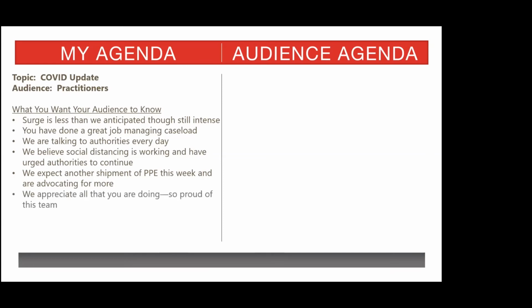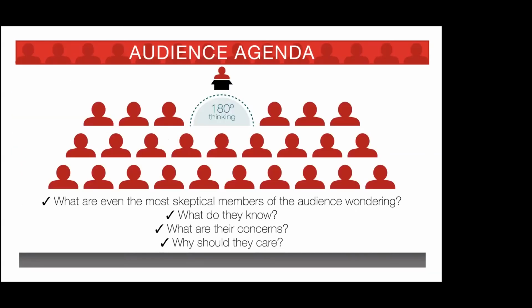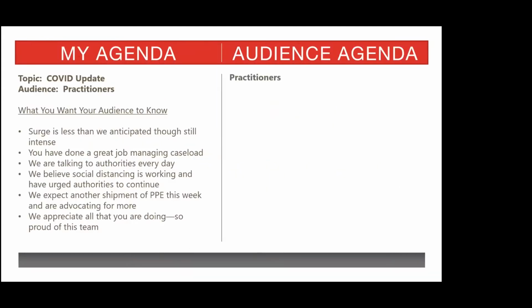So then after you get through that, you literally turn your view and step into the shoes of your audience. Think about who you're speaking to in any of these instances. In this case, it was the practitioners, the frontline. Then you start to jot down what is most important to them. They were concerned about what's happening with budget cuts, and how can you cut things now?